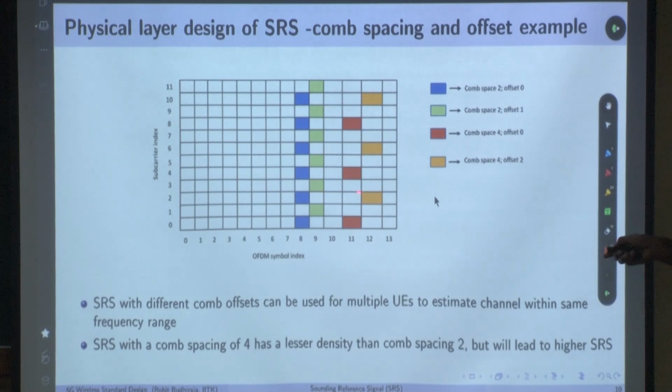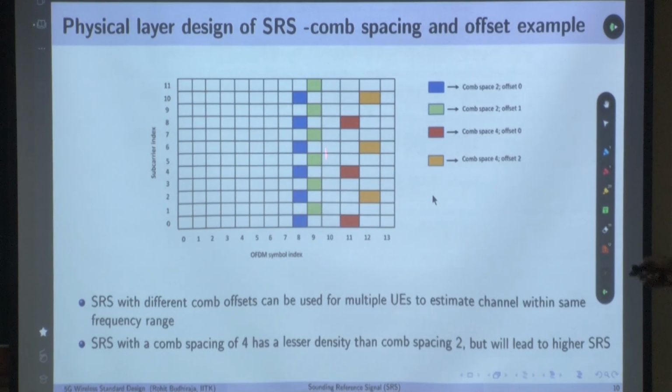How have I been able to achieve this? Basically by reducing the number of REs used for defining the SRS comb. Here every alternate RE is being used, here every 4th RE is being used for one comb. So, this is comb 1, this is the second comb, comb 3 and comb 4 are not being used. I can use those also. So, the standard gives this kind of flexibility in designing the comb, which helps in sounding out the channel of different users simultaneously.